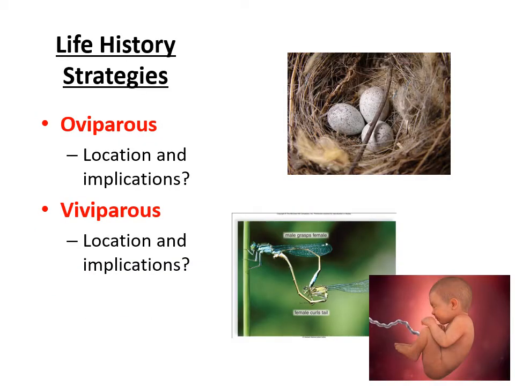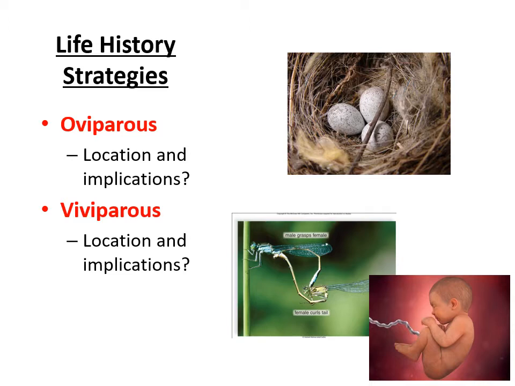Now, in addition to those types of reproduction, I want to point out that there are two different life history strategies you should know. There's the term oviparous and viviparous, and all you have to do is think about what the beginning of each of those words means. When you see ovi, think ova or ovum, which is another way of saying egg.